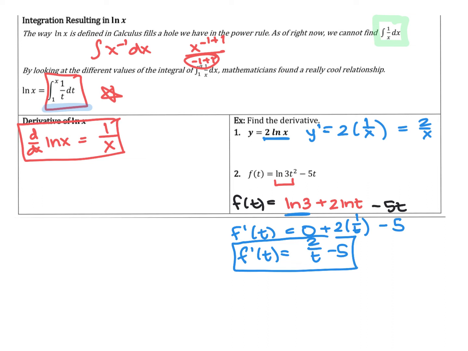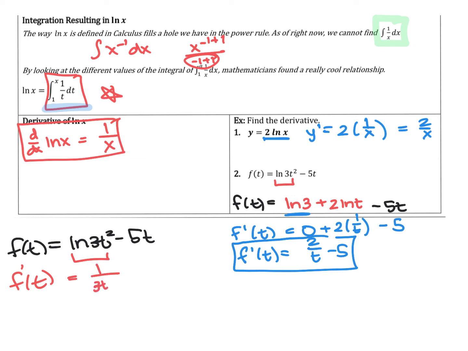You could still take the derivative in the form that it's in here. So let's actually look at that same problem again, and let's not expand. If you didn't expand, this term here would have a chain rule situation happening. So the derivative of the outside evaluated at the inside is 1 over 3t squared. And you would multiply that by the derivative of the inside.